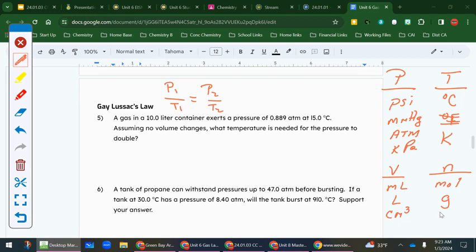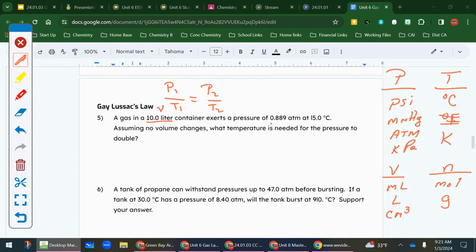Now, when you get to a problem, ladies and gentlemen, ask yourself this. What is that number describing? 10.0 liters. What is that describing, Joshua? That's a volume. So maybe make a note for yourself above that number.